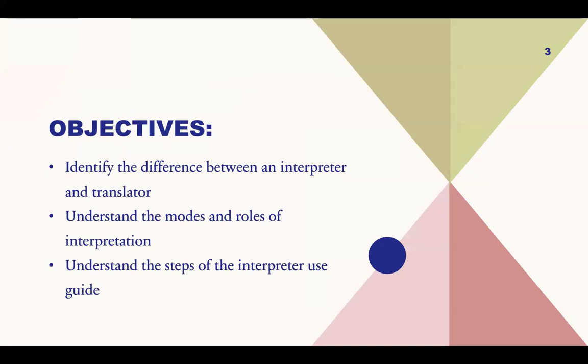So now to proceed with our webinar, the three objectives that we have for today are to identify the difference between an interpreter and translator, understand the modes and rules of interpretation, and understand the steps of the interpreter use guide.